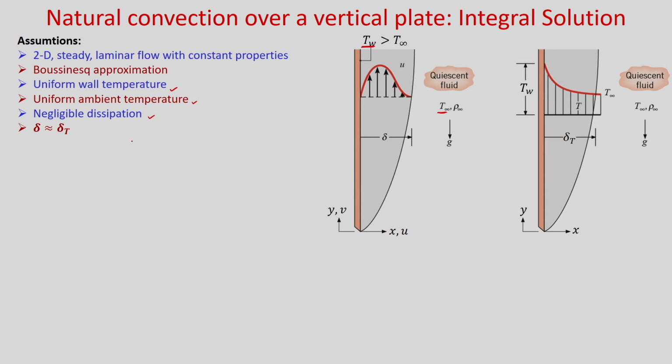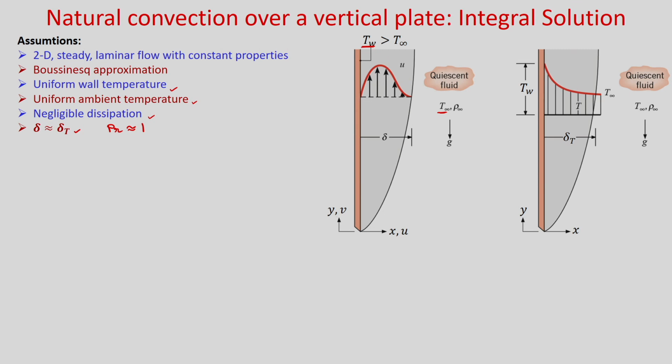In this integral solution we will assume delta is equal to delta T, that means Prandtl number is almost 1, but we will write the solution in terms of Prandtl number and we will show that the solution is reasonably valid for a wide range of Prandtl number.